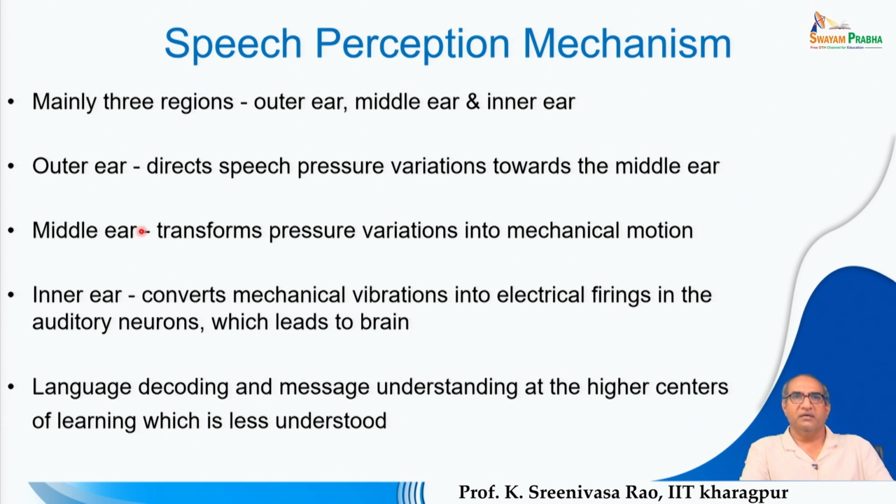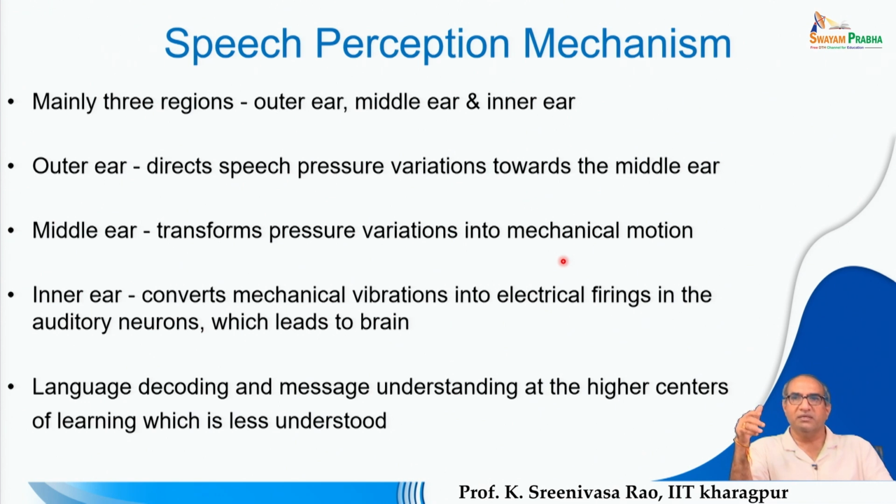Then the purpose of the middle ear is to transform the pressure variations into mechanical motion. As the acoustic vibrations are coupled from the outer ear to the middle ear, these acoustic pressure variations directly hit the eardrum in the middle ear, the first part, and the eardrum vibrates according to these pressure variations.